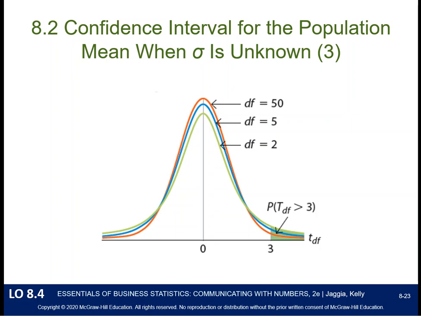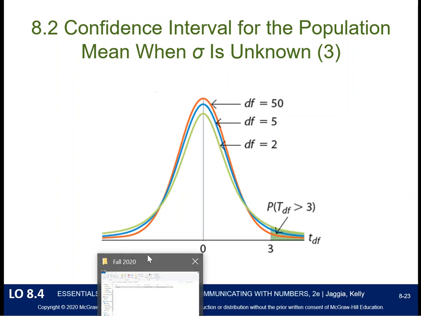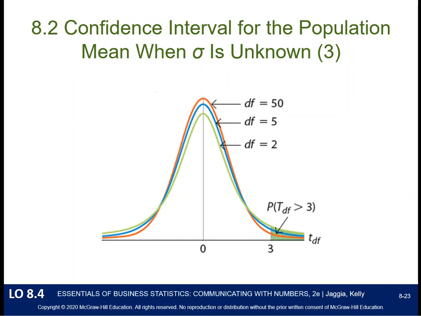When we have 5 degrees of freedom, which means a sample size of 6, that's the blue line, and here it's a little shorter. If we have 50 degrees of freedom, which means a sample size of 51, it's even lower. Again, the larger the sample we can get, the better we are.